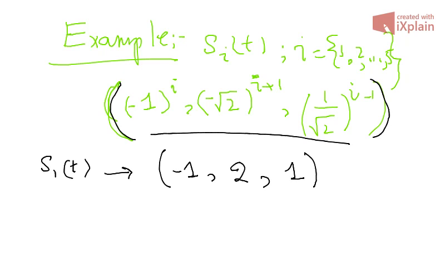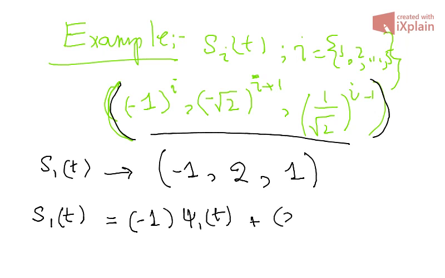If I want to write this S1(t) as a linear combination of psi1, psi2 and psi3, I have to write it this way: -1 times psi1(t), plus 2 times psi2(t), and plus 1 times psi3(t).